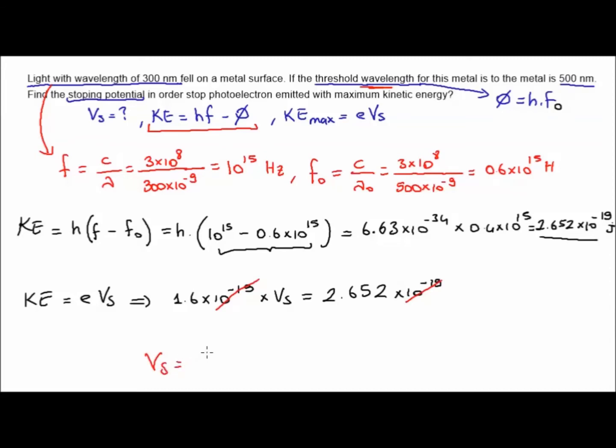Vs equals 2.652 over 1.6. The result is going to be 1.652 volt.